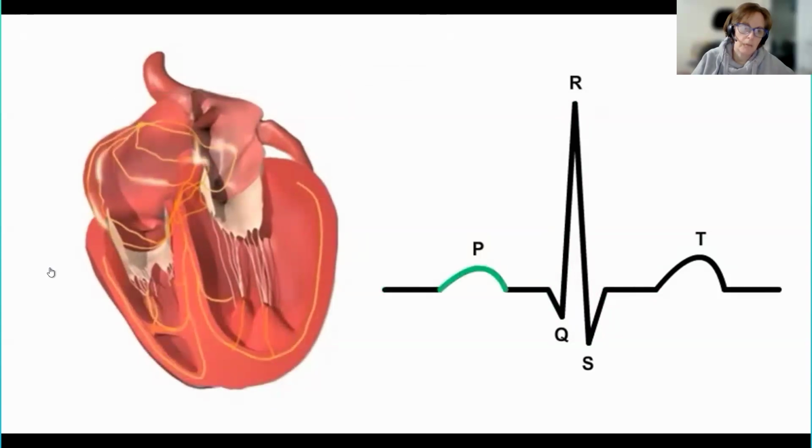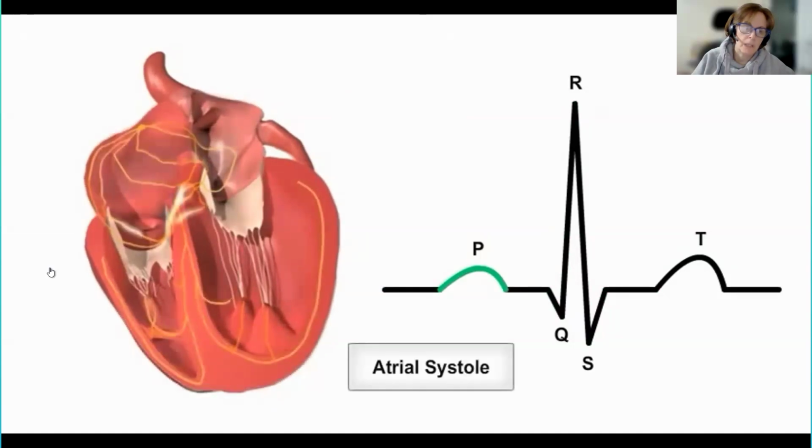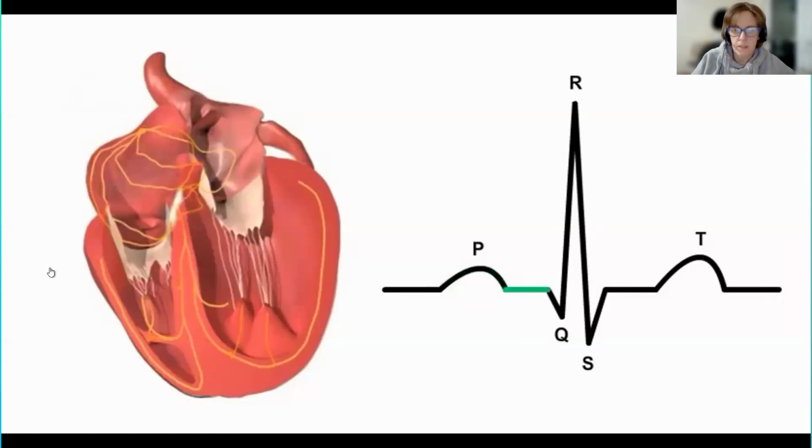And then during the P wave, it contracts slightly to empty, and the excitation is moving over the tissue. So it's atrial systole, so the atria is filling, but we're getting excitation. Then we've got a little rest phase where we're not seeing excitation in that PR segment.